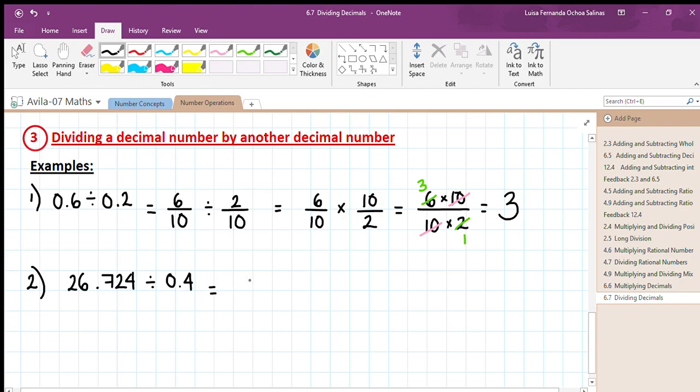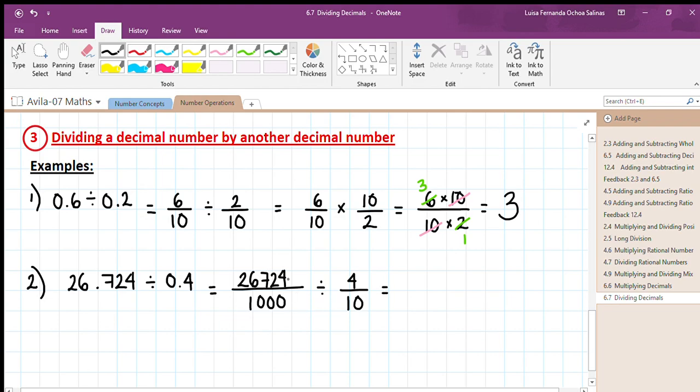So to do the first one, I have to do 26,724 divided by 1,000. How do I know that is divided by 1,000? Because it's in the thousandths place value, or because I have 3 zeros. Then divided by 4/10.